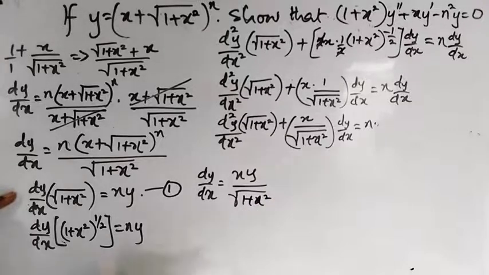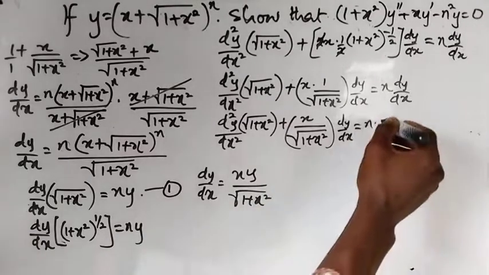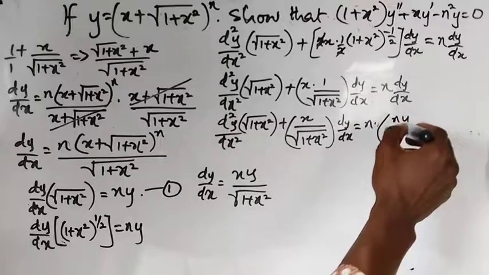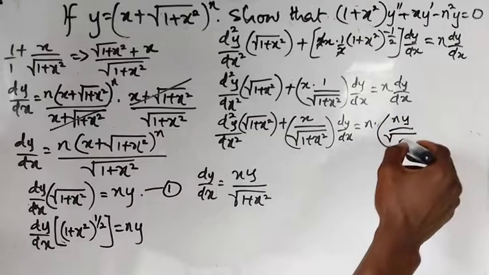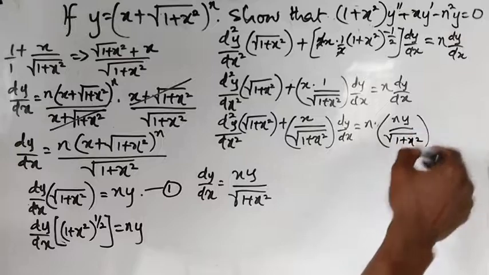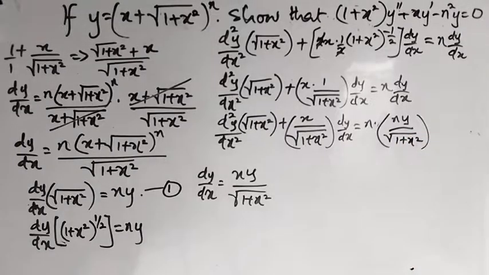All right, do we get that? So if I have to put this into this, we now say into ny over the square root of 1 plus x², close bracket. Okay, all right, let me clean this.